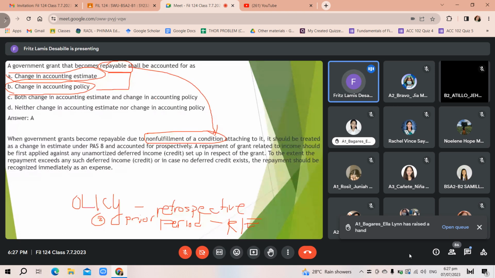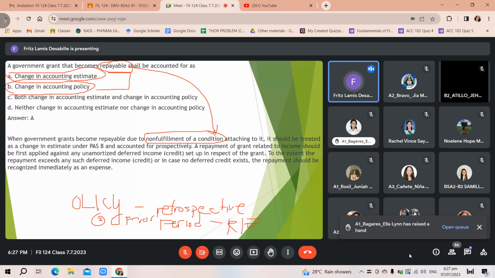So it should be treated as a change in estimate under PAS 8 and accounted for, as I said last time, prospectively. So there is an accounting issue here guys. Actually, there are two accounting issues, because the accounting for repayment of grant would be different under grant related to asset.